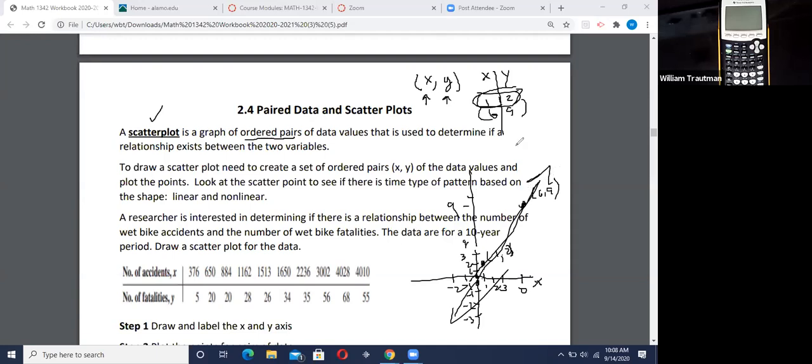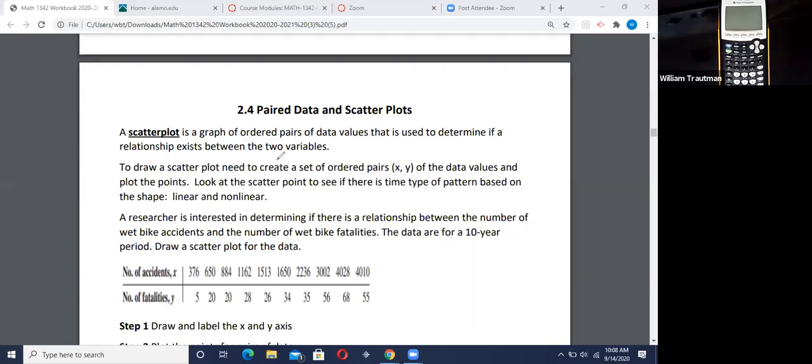We're not necessarily connecting the dots, but we're going to put dots on our graph and see where they're going. Are they going up, or are they going down, or are they going nowhere? To draw a scatter plot, you need the coordinates, x's and y's.